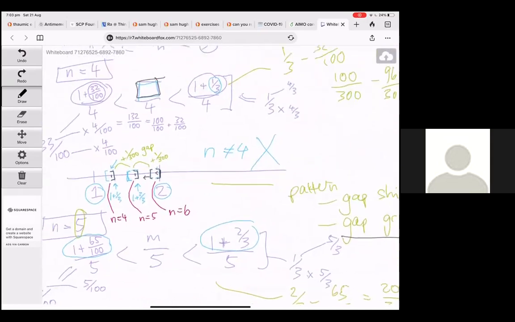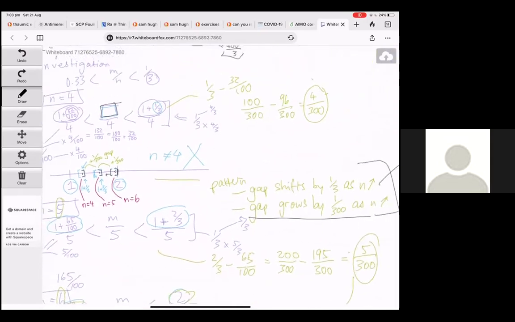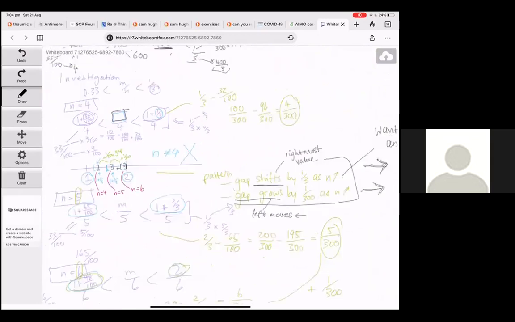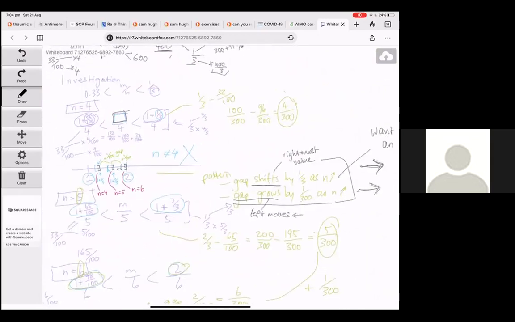So remember the two observations, I'll go over them again. The gap shifts by a third. And when I say shifts by a third, I mean that the rightmost value increases by a third each time. And when I say that the gap grows, I mean that the left moves this way. Because remember, plus a third, plus 2/3, and then, well, this is basically plus 3/3.